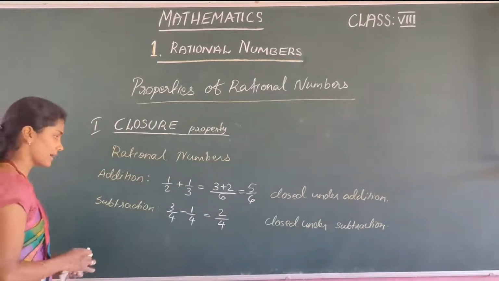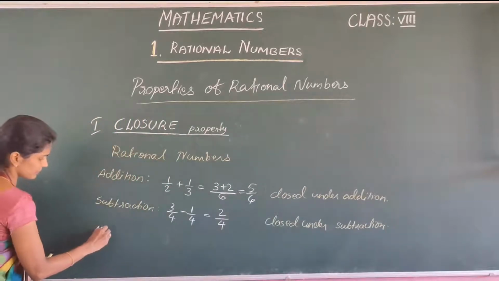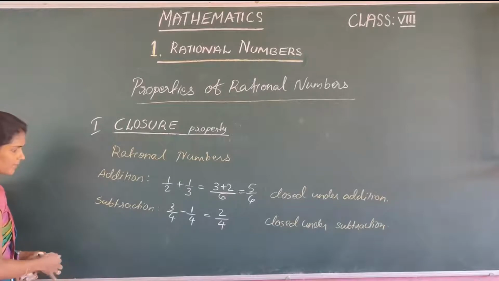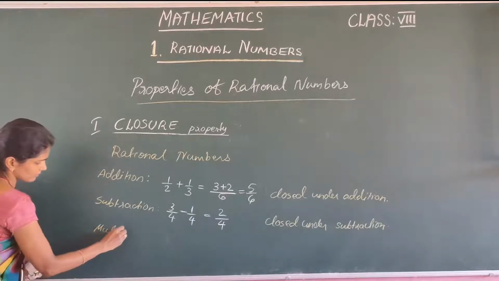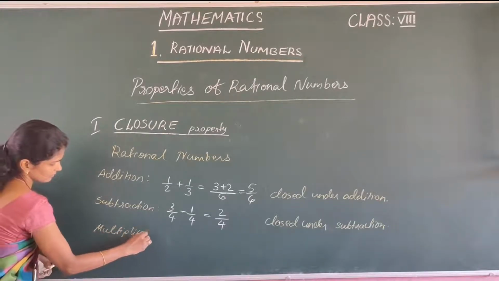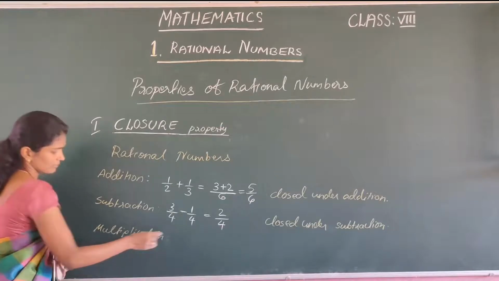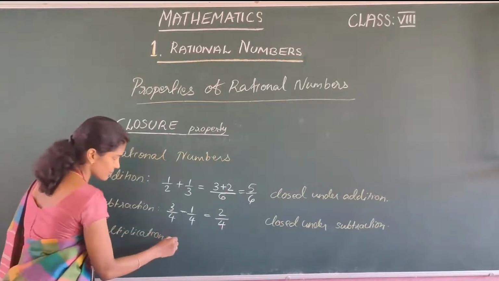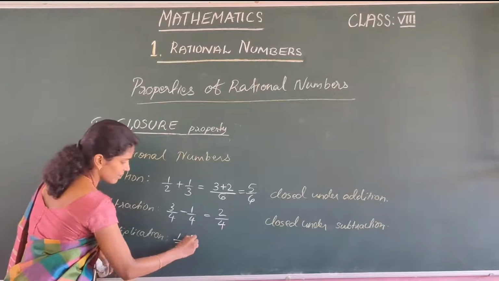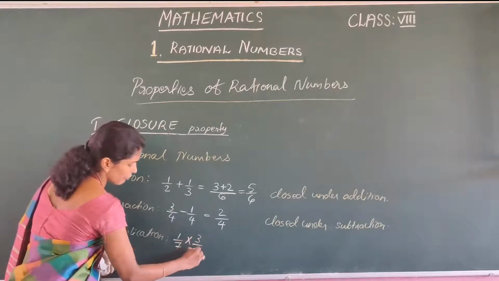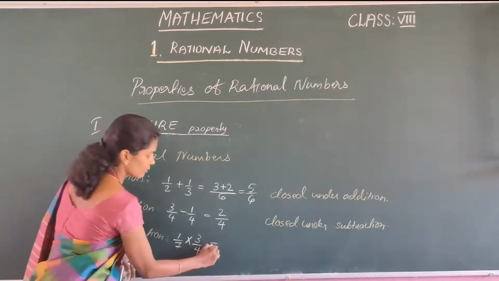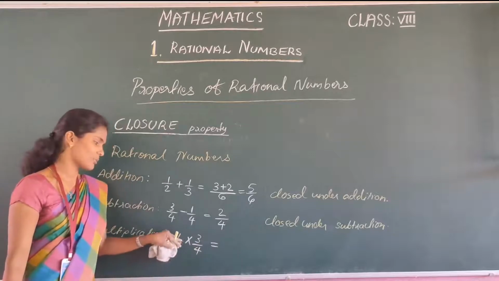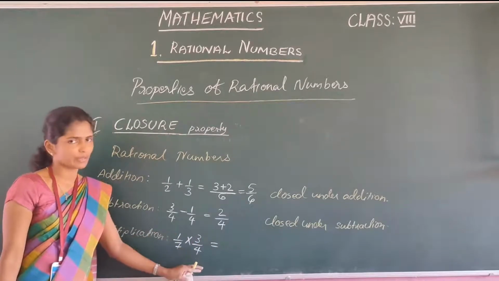Then what about the multiplication? Take any two rational numbers, 1 by 7 into 3 by 4. How to multiply two rational numbers? You just multiply the numerators and multiply the denominators.